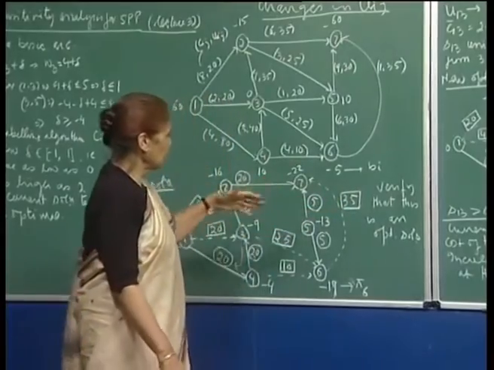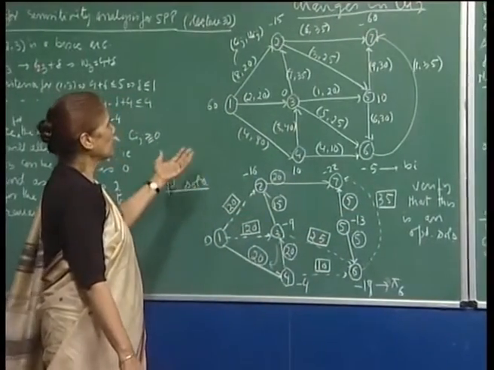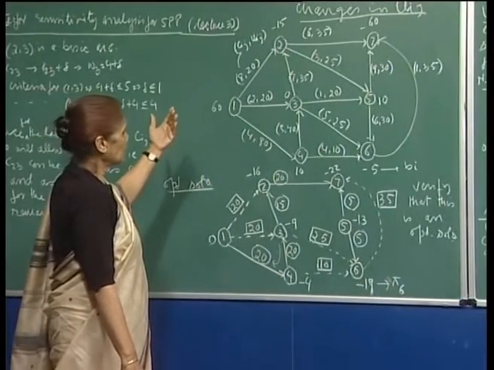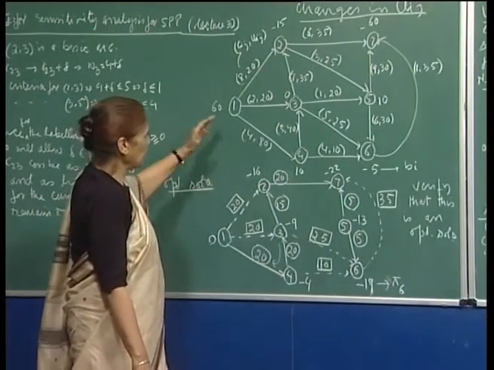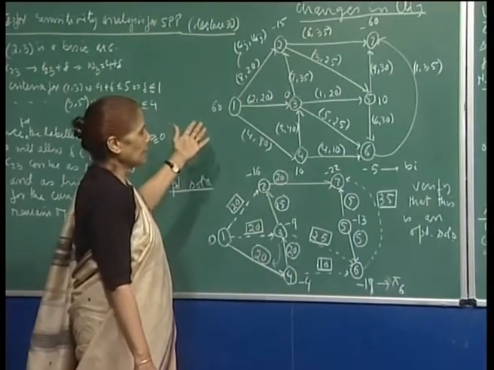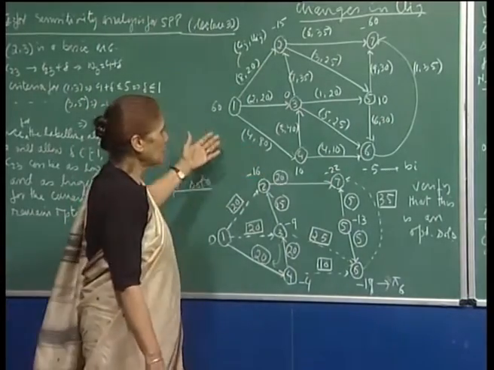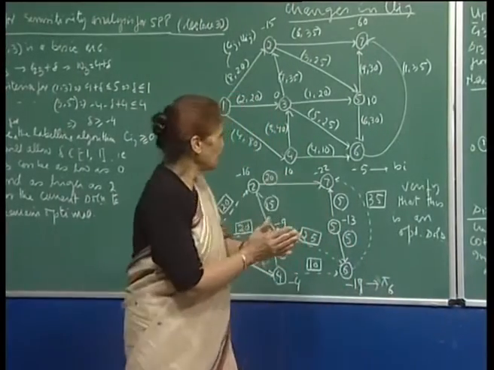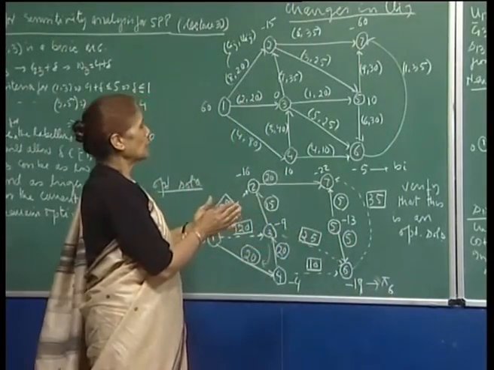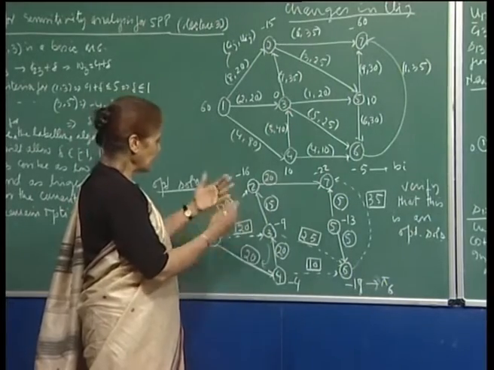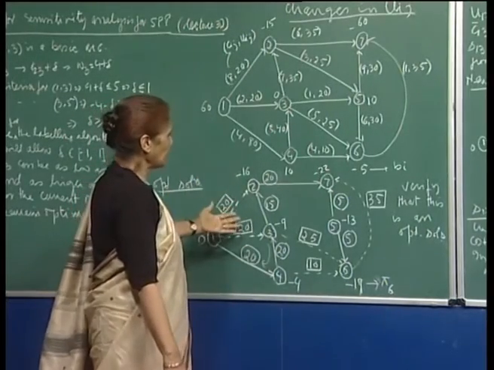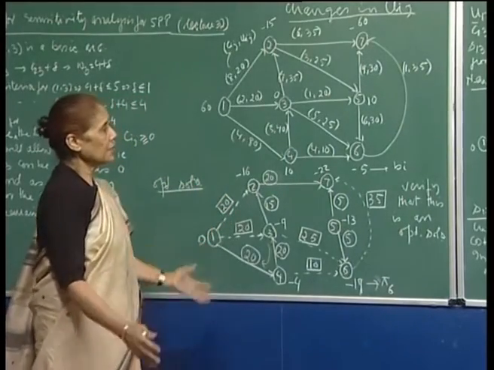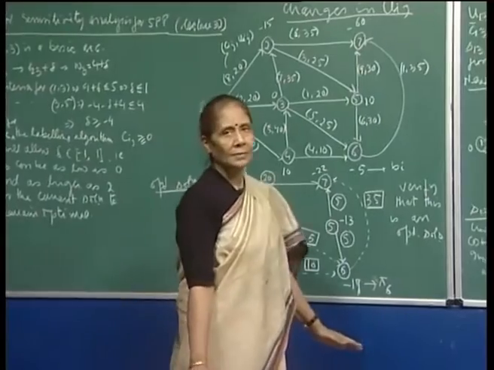So, we go on doing this sensitivity analysis, and of course, in the earlier lecture I had talked about changing the values of the b_i's, and we said there that if a particular supply went up, then some other demand must go down to balance it; that means we were considering the sum of b_i to be 0, and we have to maintain that. And here when we increase the capacity of a certain arc and want to increase the flow, then we have to make sure that flow is conserved at each node.